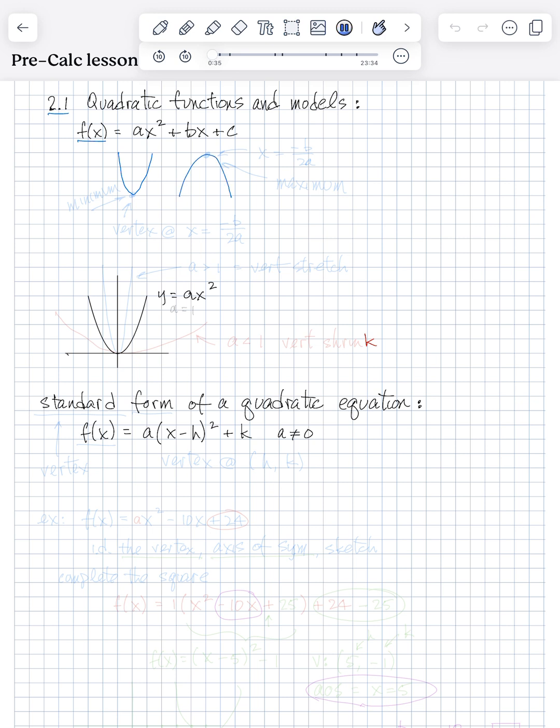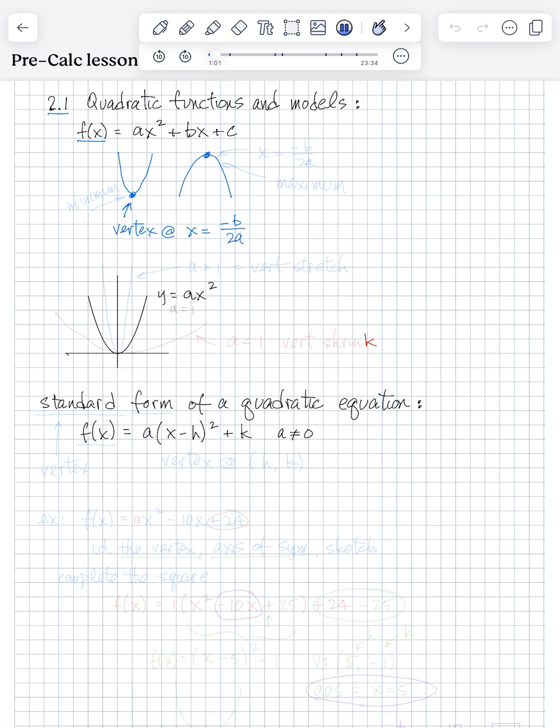We also know that if it opens up, this is the vertex, and the x-coordinate of the vertex is going to be at x equals minus b over 2a.